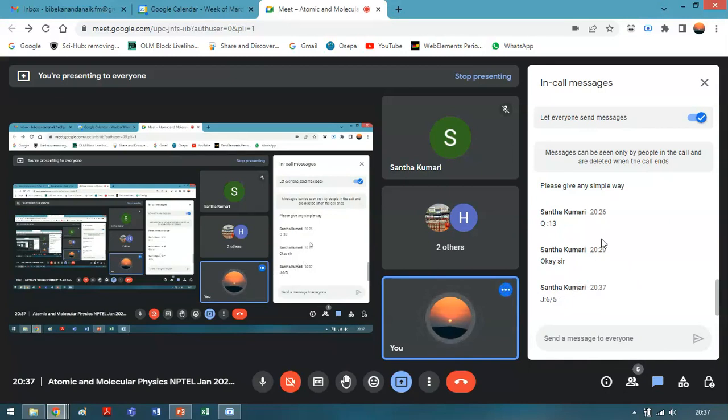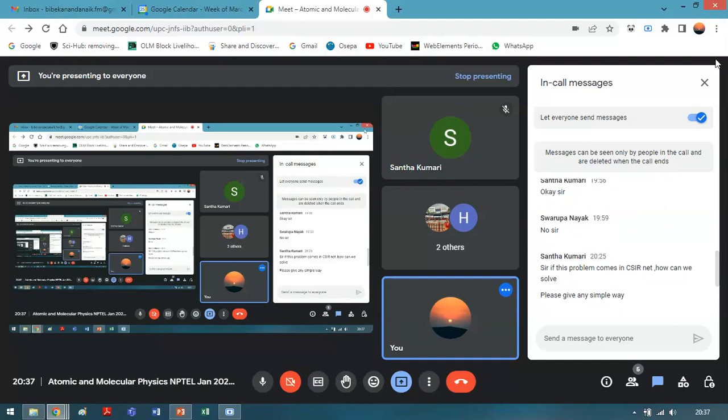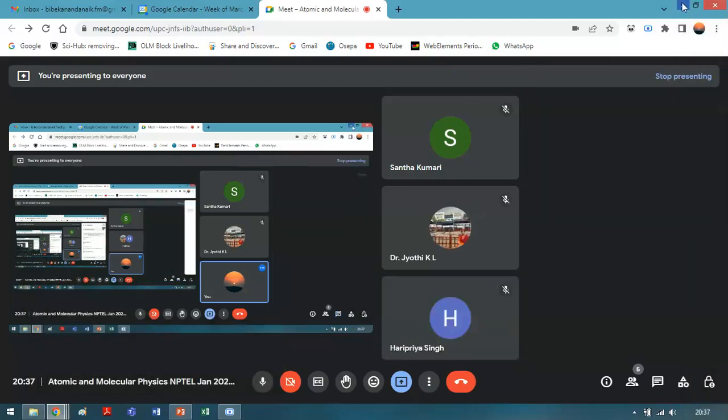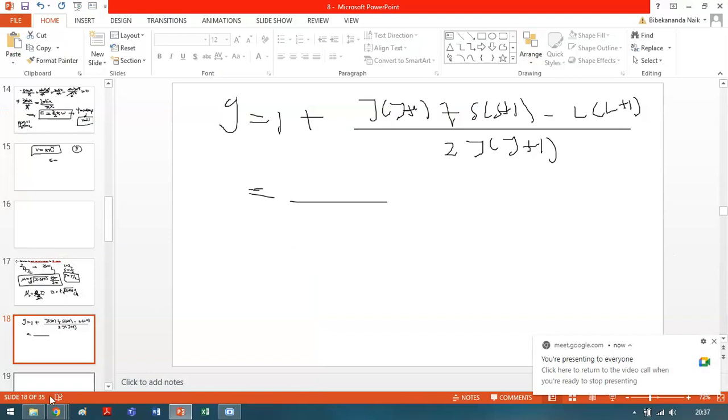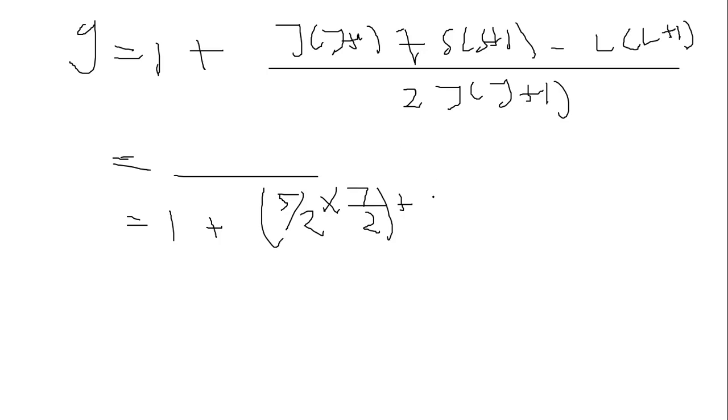So let's calculate it. It will be 1 plus J is equal to 5 by 2, so 5 by 2 into J plus 1, which is 7 by 2, plus S into S plus 1.